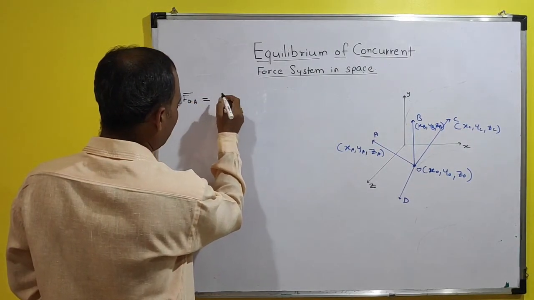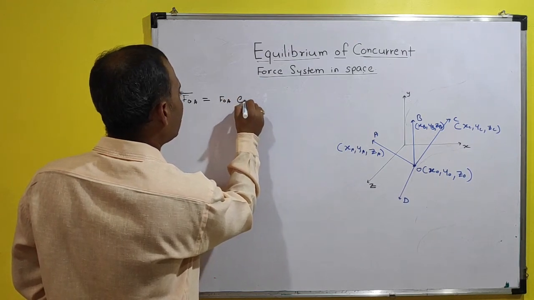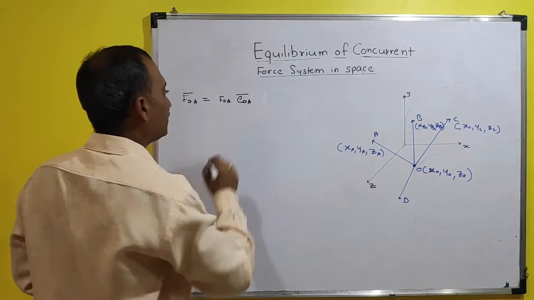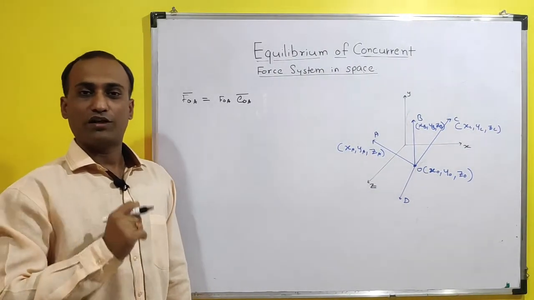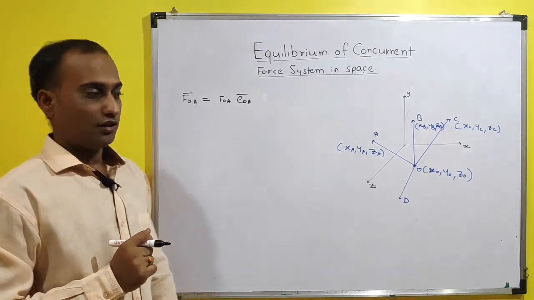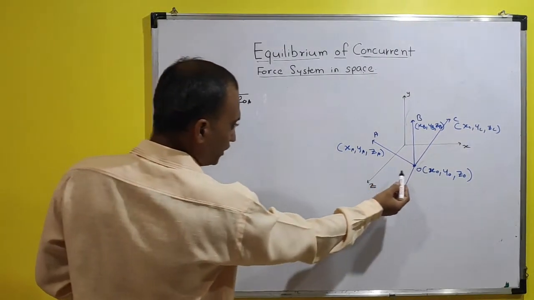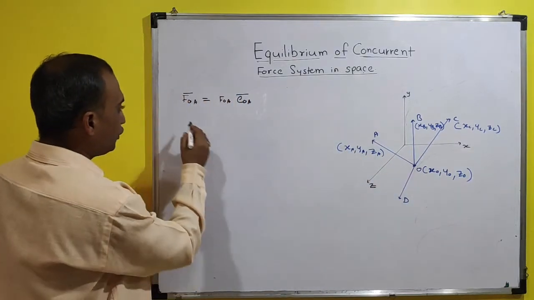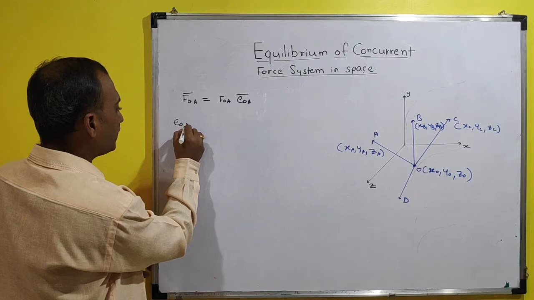The magnitude of this force is FOA, and the unit vector along that direction. We have already studied how to calculate the unit vector for this force or the line. So this is the force OA, and the unit vector along OA.